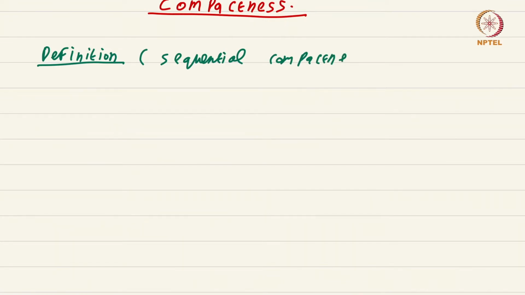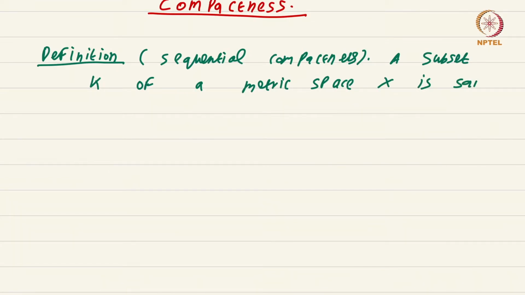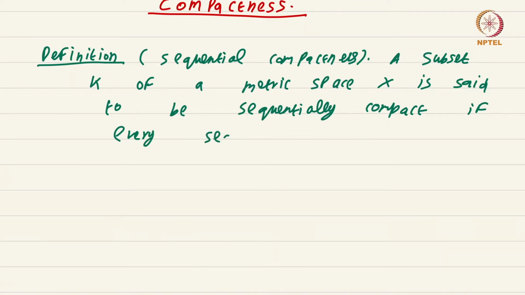It says the following: a metric space X, or let me take a slightly more general definition, a subset K of a metric space X is said to be sequentially compact if every sequence xn has a convergent subsequence.